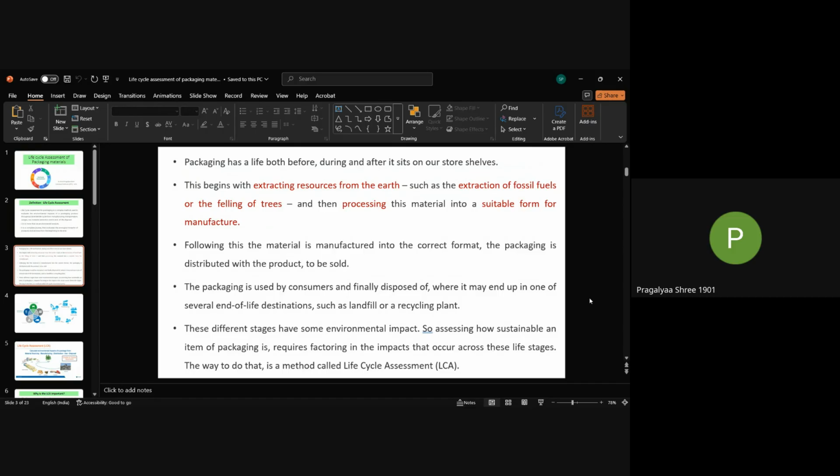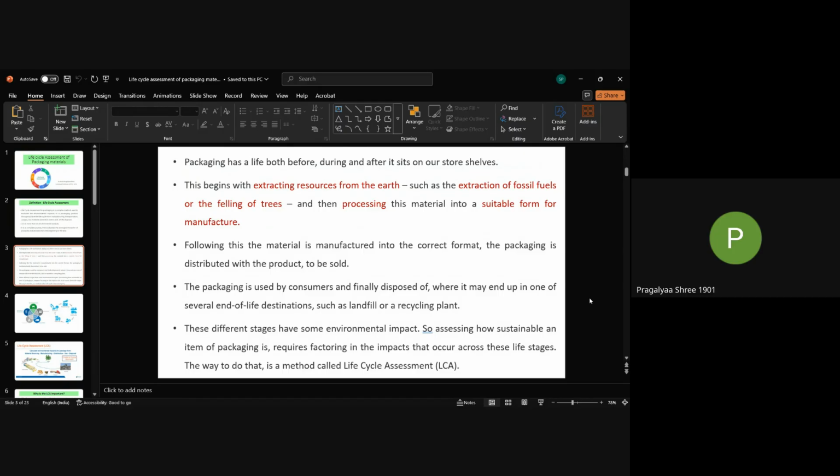For everything we need packaging material. During its life, the package has a life before containing the food, during the time when you are keeping the food inside the packaging material, and after its consumption, when we throw it outside.